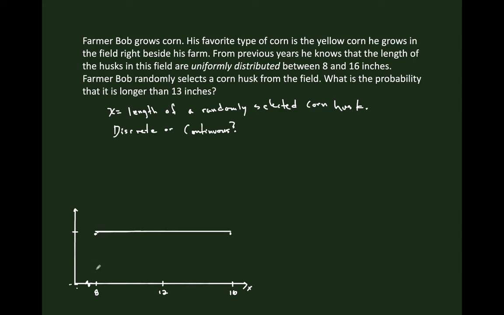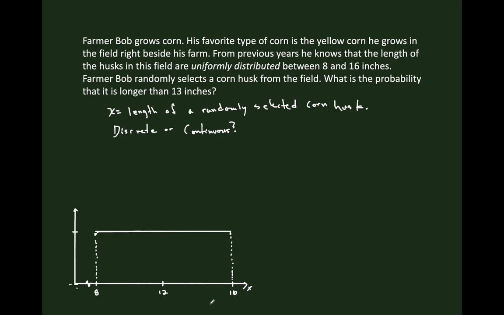I want to go back to this idea of areas. Because when we're modeling the probability distributions for continuous variables, it's exactly what we're doing. We're thinking about this in terms of areas. And what I want to do is think about what the height of this needs to be, this rectangle defining the whole distribution.